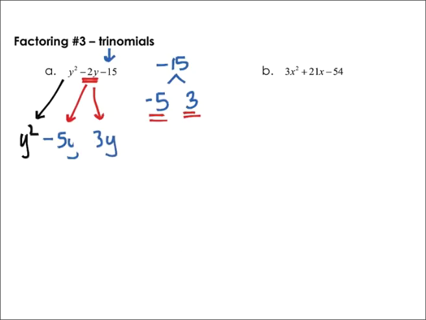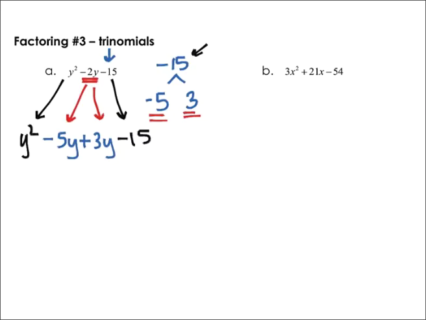Alright, that plus looks weird there. Plus 3y. And then finally I've got my minus 15. So if you look, I just took a trinomial and I made it into a 4-term polynomial. I broke up that negative 2y. And again, I got those numbers from what I could multiply to get negative 15.